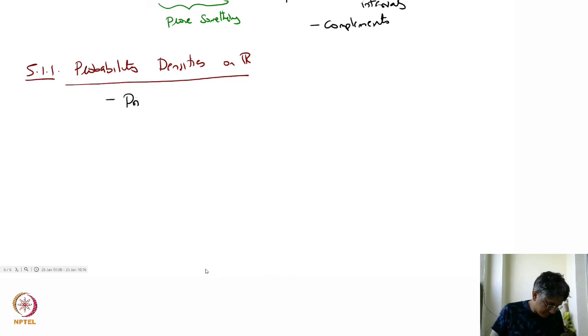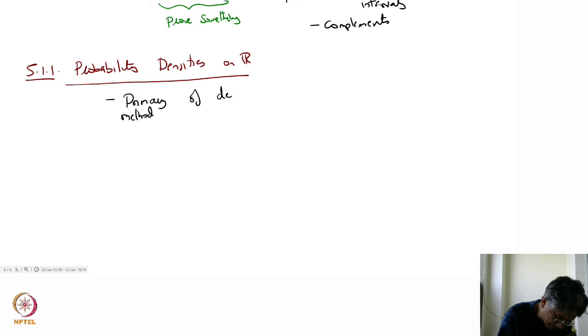The primary method of defining probabilities on R is via what's called a density function.